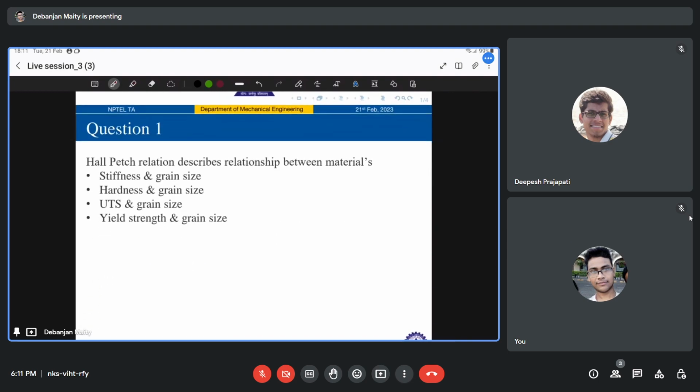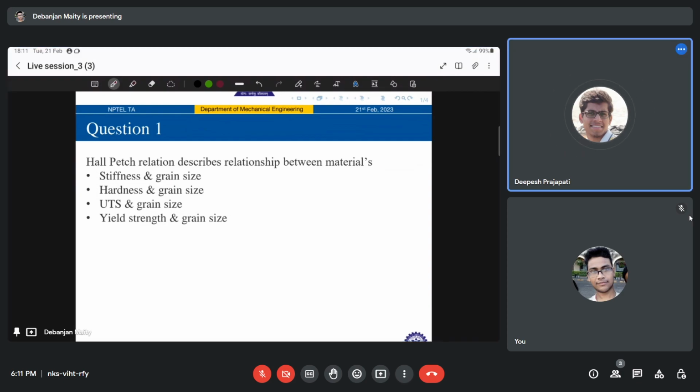In question one, it says that the Hall-Petch relation describes the relationship between material stiffness and grain size, or hardness and grain size, or UTS and grain size, or yield strength and grain size. So yield strength and grain size.